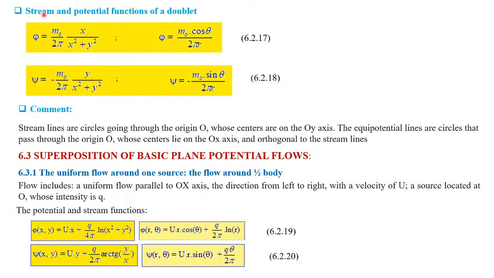Now you can see we can find the stream and potential function of a doublet like this.